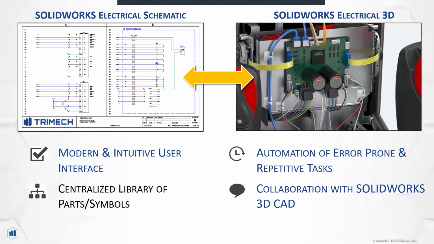The key things to understand are that there's two levels to the electrical schematic tool, standard and professional. If you are at the electrical schematic professional level, you have the ability to purchase the electrical 3D add-in, which is what is going to connect your electrical schematics to your SolidWorks CAD files.